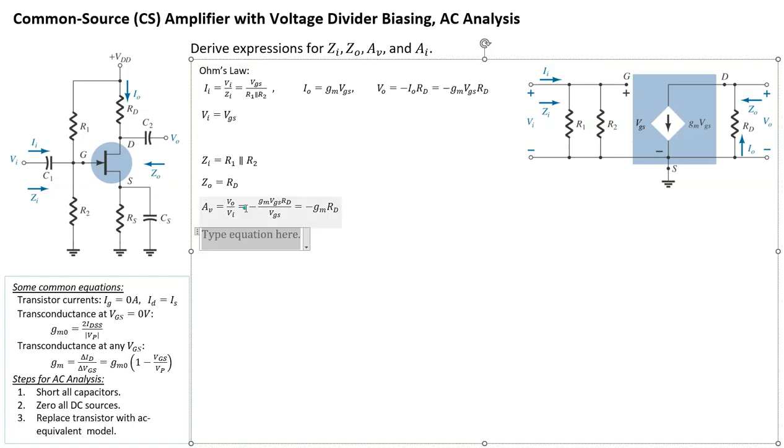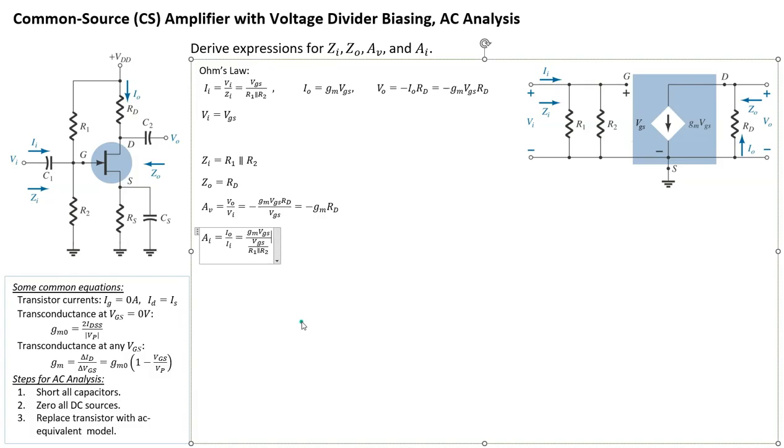Finally, we have our current gain. Current gain is defined as output current divided by input current. We have an expression for IO, which is gm VGS, and II is VGS divided by bracket R1 parallel with R2.